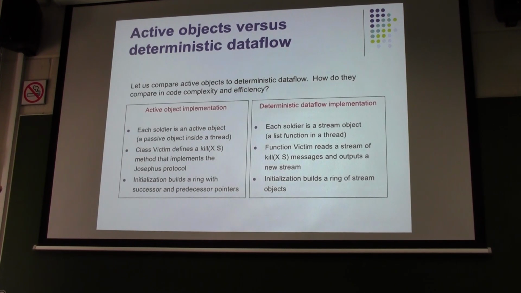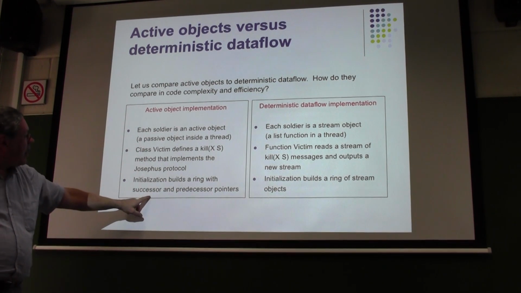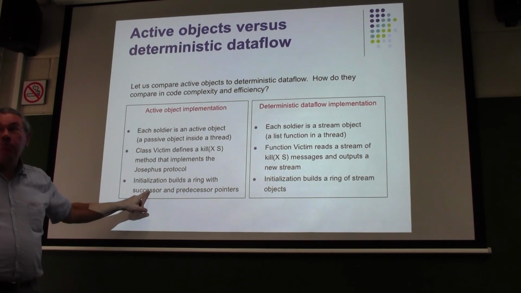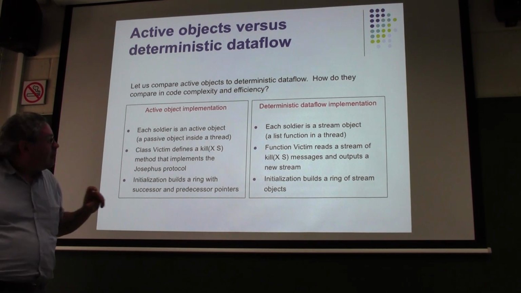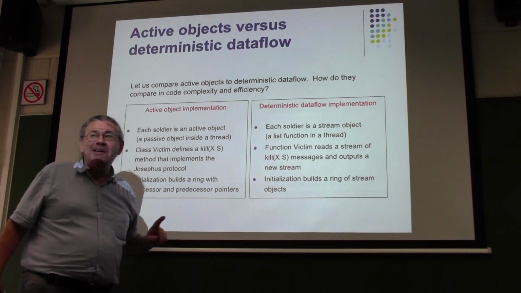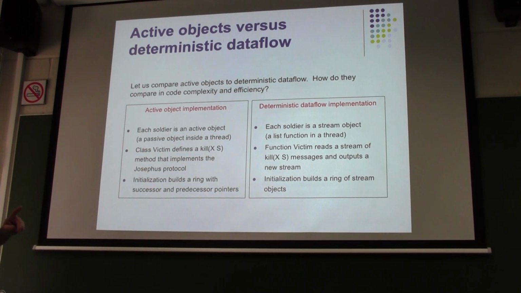Okay, very good. And now we're going to go to the thing that I want to really show. I'm going to show you very briefly again the active object implementation, and then we will make a deterministic data flow implementation, which is very different and actually much smaller.